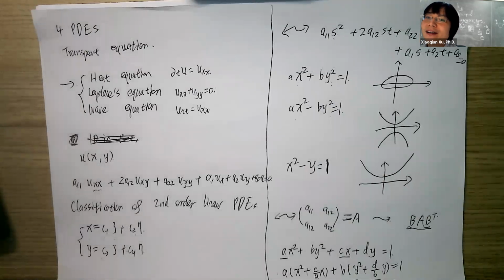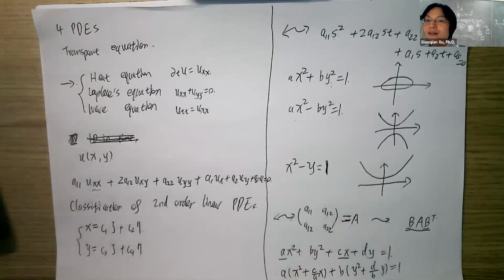If it is in higher dimension, maybe this is a little bit harder. Maybe in your linear algebra course you have learned about the orthogonal matrix, how you can make a matrix diagonal by using an orthogonal matrix. As long as your matrix A is symmetric, then this is always possible.